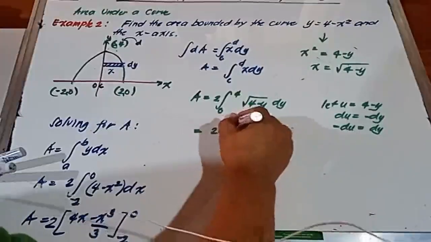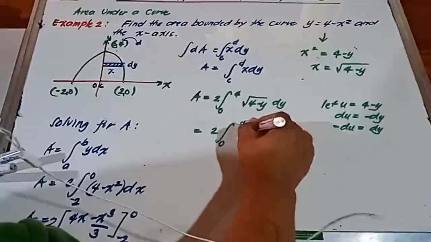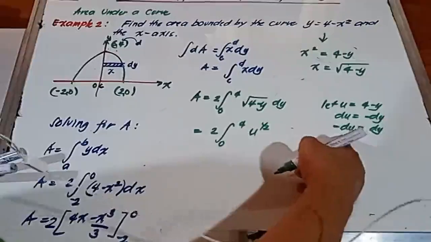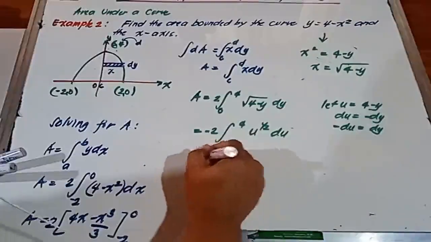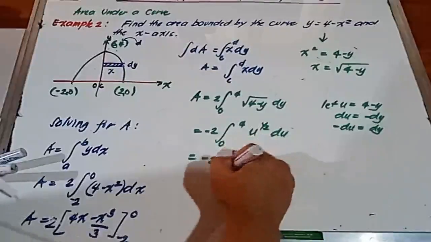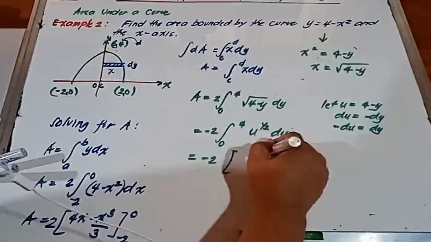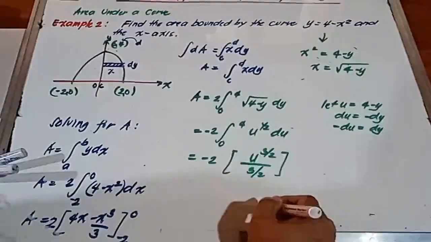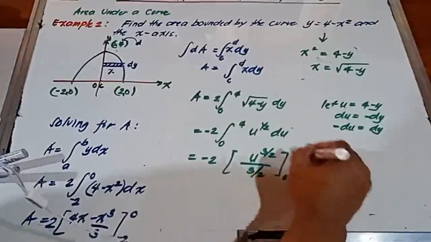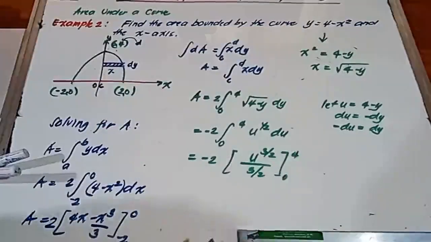So, we have integral of 0 to 4 u to the 1 half times negative du. So, ilagay ko na dito yung negative. Okay? Integral natin, we have negative 2 u to the 3 halves over 3 halves. And what else? From 0 to 4. Okay?